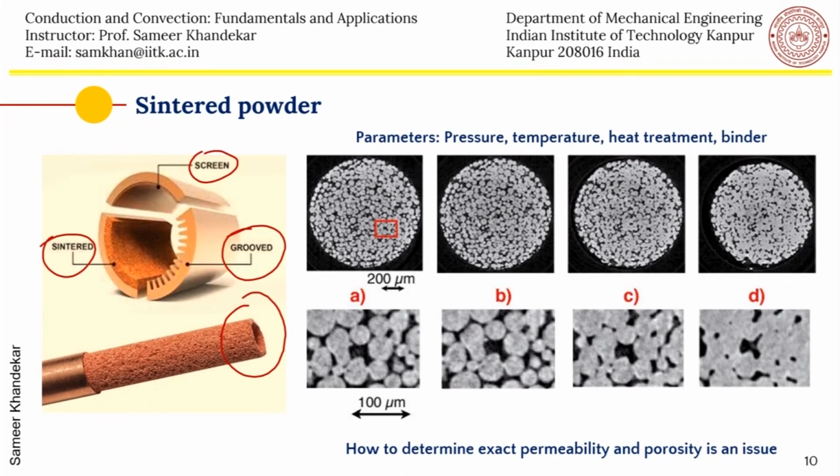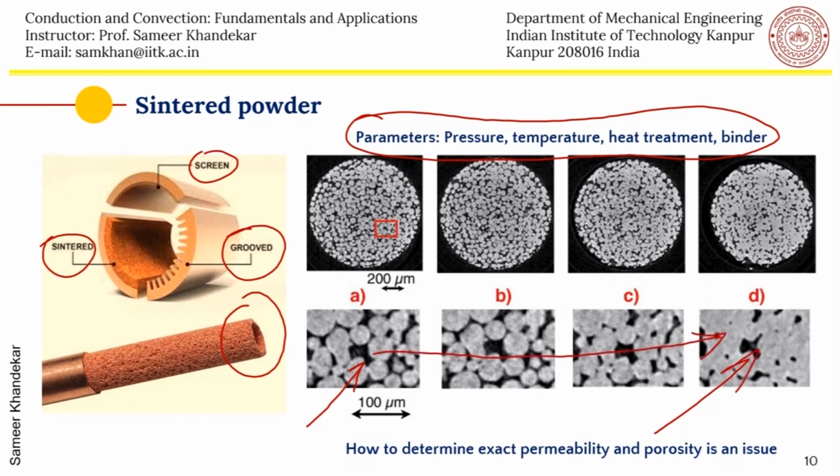Initially you can see the particles, then slowly they fuse with each other, and more and more heat will make the fusion closer and stronger, and there will be plastic deformation because we are giving a pressure when the heat is being applied and the wick is being formed. Slowly, depending on these particular parameters of powder metallurgy control, we will be able to get the desired porosity and the desired permeability.